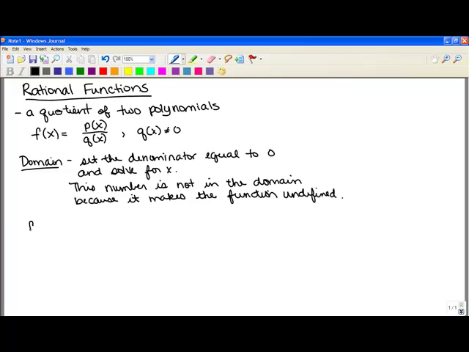The first example is f of x equals 3x squared plus 4x minus 1 divided by x plus 7. Notice that the numerator is a polynomial of second degree, and the denominator is a polynomial of first degree. Now we want to figure out the domain for this rational function.